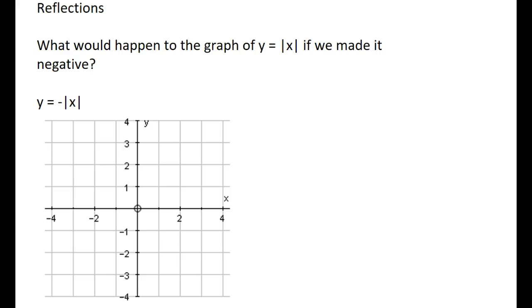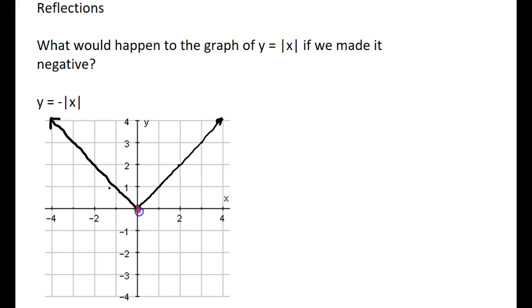So what would happen to the graph of y equals the absolute value of x if we made it negative? So let's graph absolute value of x. Looks like this, right? And it goes up like that. Okay, so if I make the entire function negative, what's going to happen is it's going to change the sign of every y value. Instead of being positive y values like we have here, they're all going to become negative.